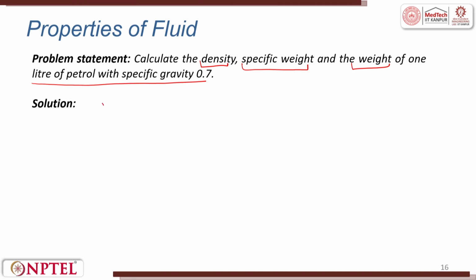So what we are given is volume. Volume is 1 liter, that is 1000 centimeter cube. To convert this into meters, I can divide this by 10 power 6. So this becomes 1 by 1000 meter cube. Specific gravity Sg is given as 0.7.